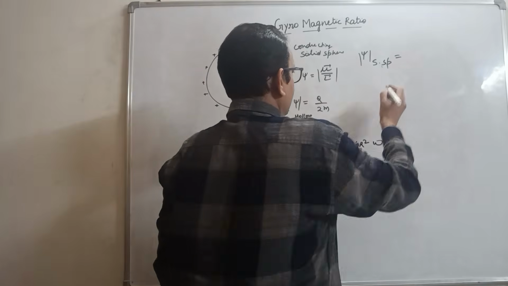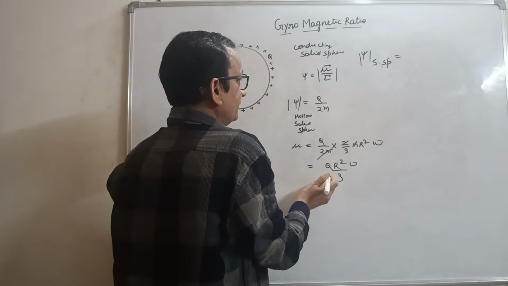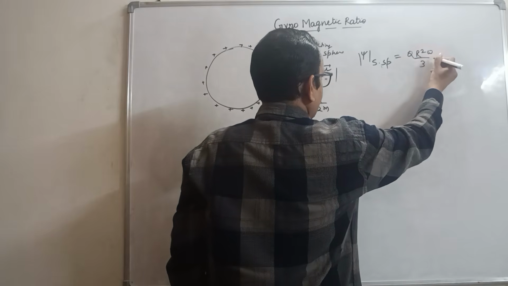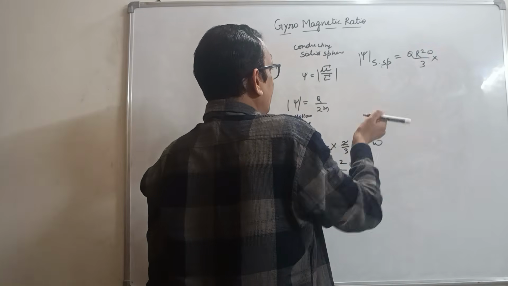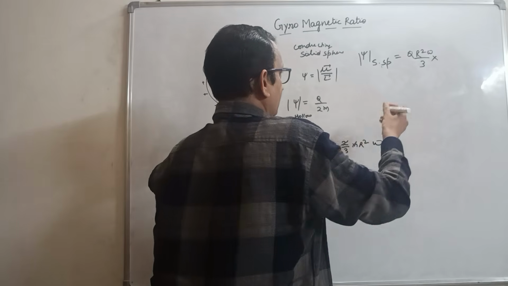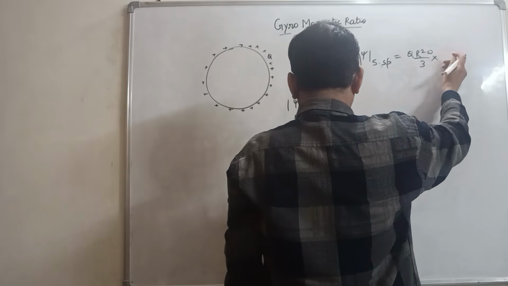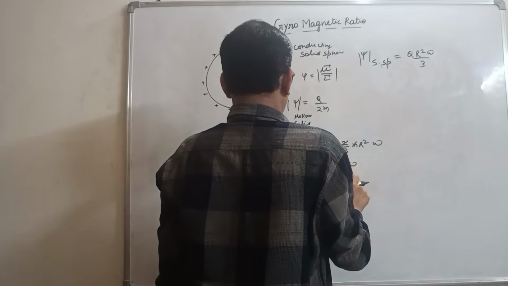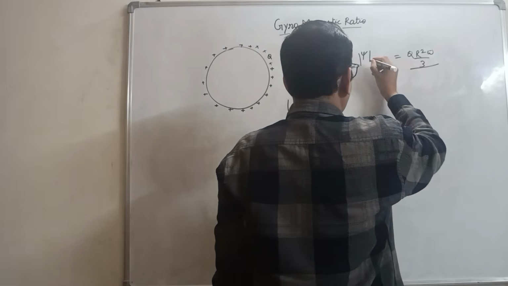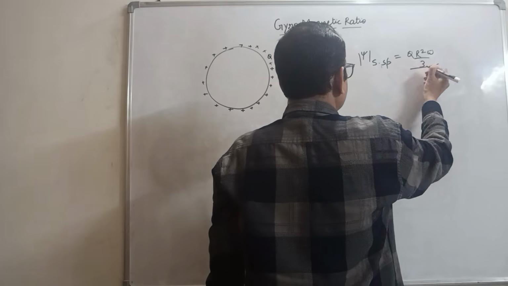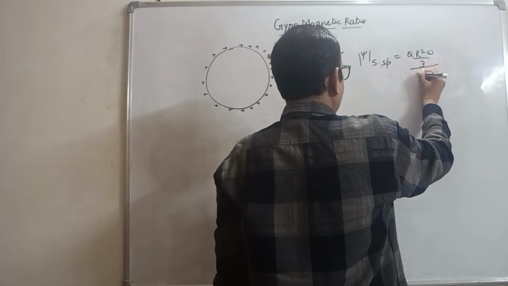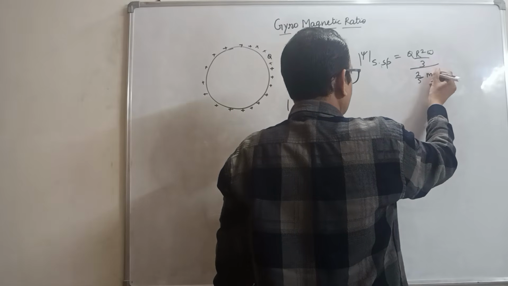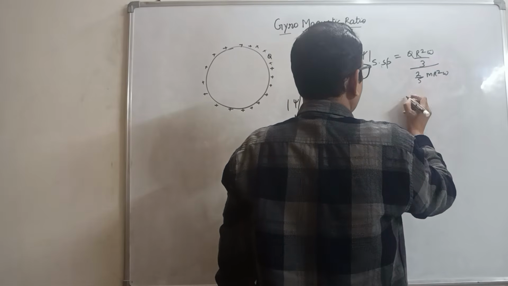This would be the magnetic moment, Q r square omega by 3, divided by mu by L. L would be the angular momentum of the solid sphere, with moment of inertia 2 by 5 m r square, into omega. Solve it out.